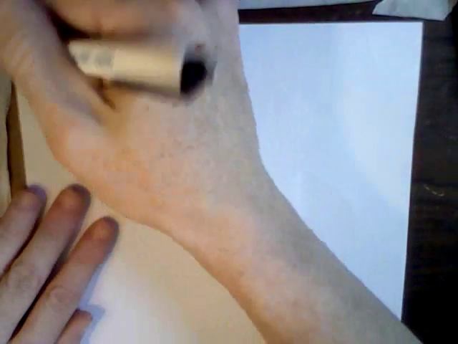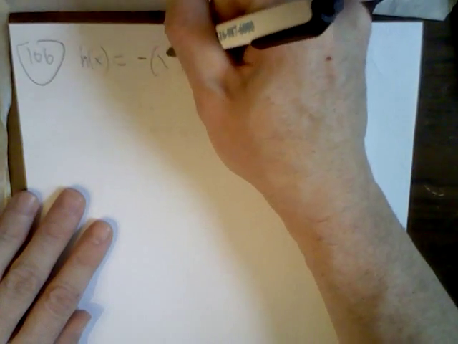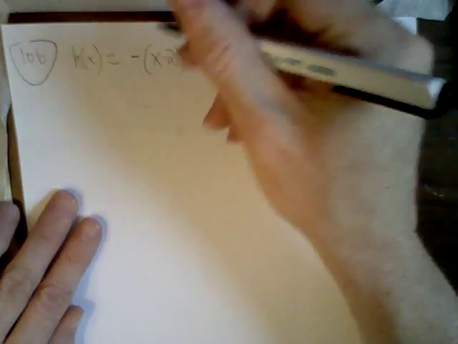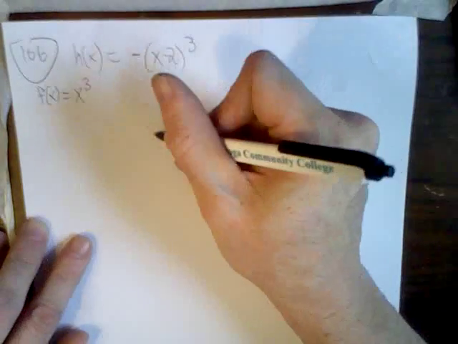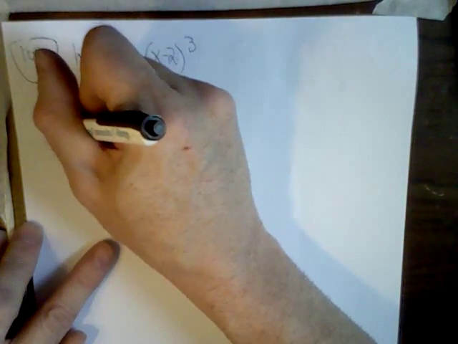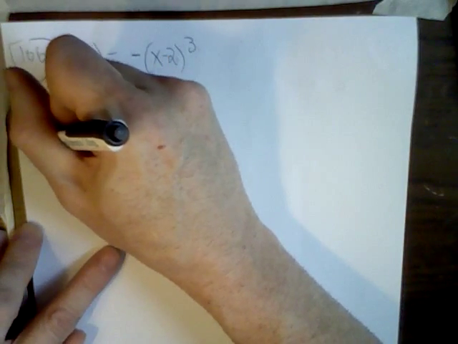Okay, let's try one more, and then we'll call it a day for this section. 106. We have h of x equals negative x minus 2 cubed. So the original function is just the cubic function. And then, again, if you want to get some points going, what do we have?